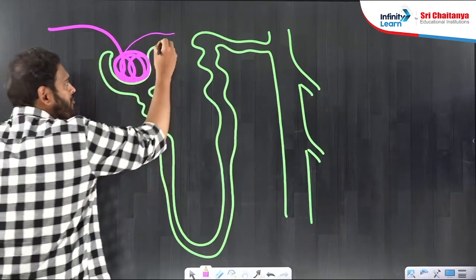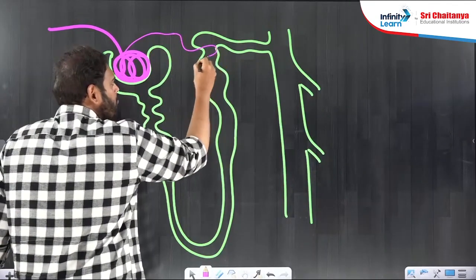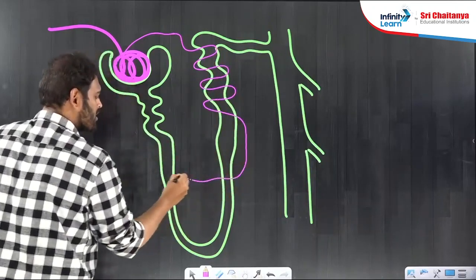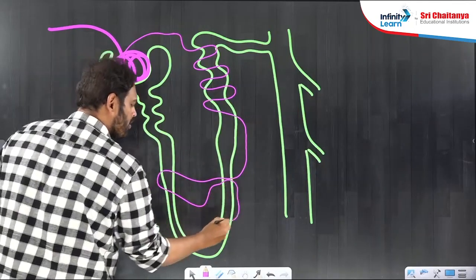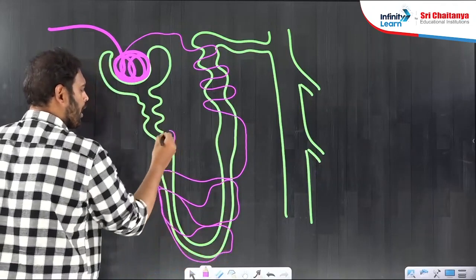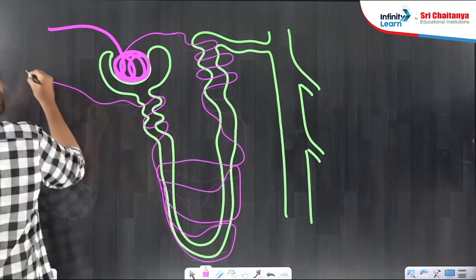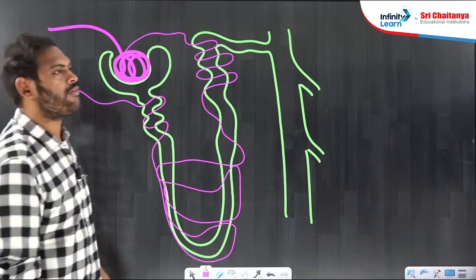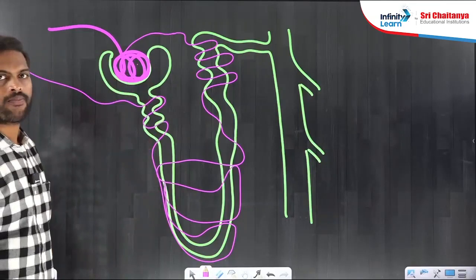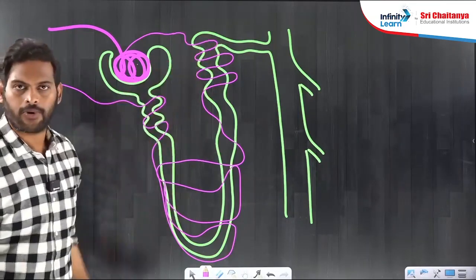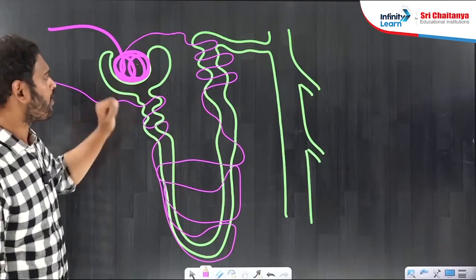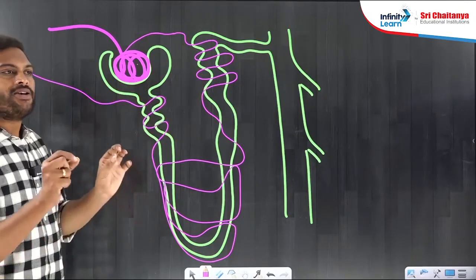Now, this efferent arteriole forms peritubular capillaries around DCT, vasa recta with loop of Henle, again peritubular with PCT, and goes out. So that was the simplest depiction of a nephron. So glomerulus and renal tubule. So the pink thing was blood, glomerulus, and the green structure was renal tubule.